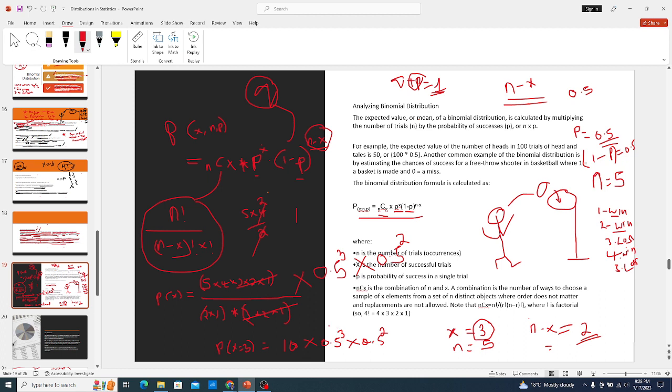0.5 cubed, I guess this is 0.1225. Can someone confirm that?